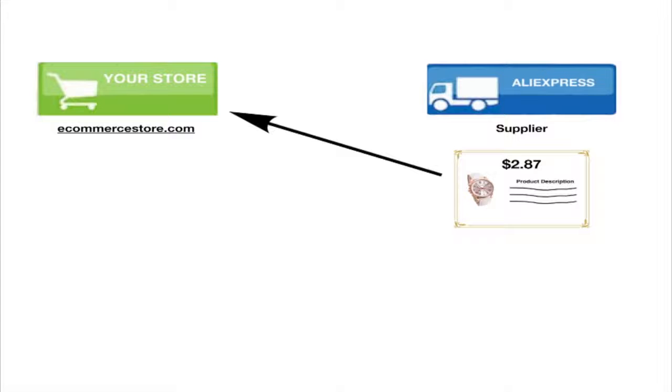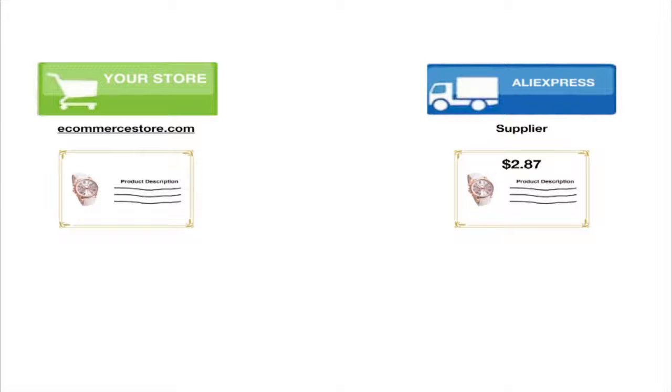So we went on AliExpress, we found a product that we're interested in, and with a few clicks, we can add it to our store. So now the watch has been added to our store. And this watch is actually a real product on AliExpress. We don't actually have to sell watches on our store. I just chose this for an example.